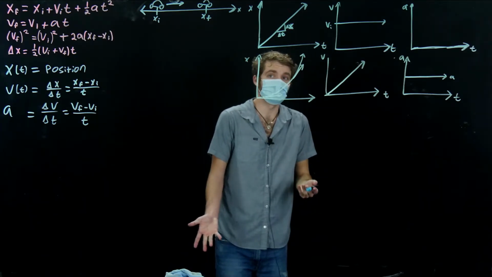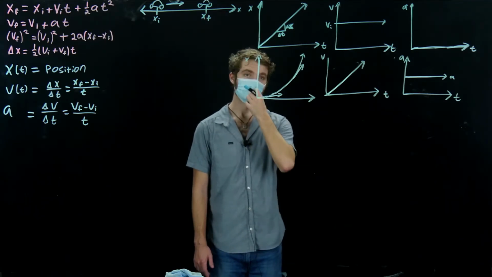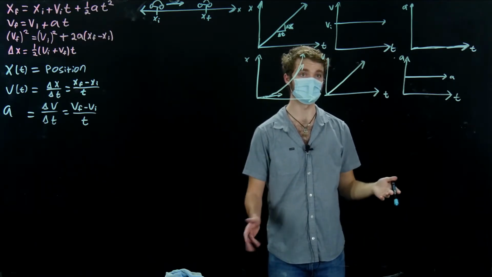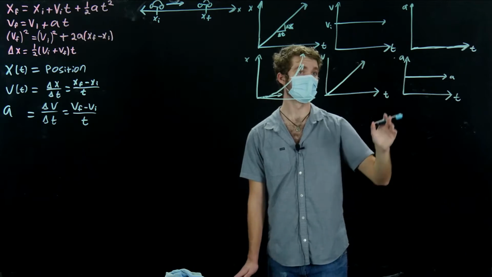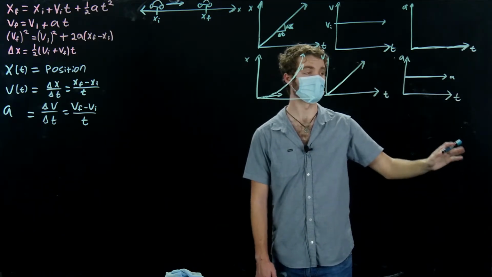So how do we find our position with respect to time if velocity isn't constant? Well, we assumed acceleration is constant, and this is an assumption that we make and need to realize we make. Otherwise, the math would be harder.